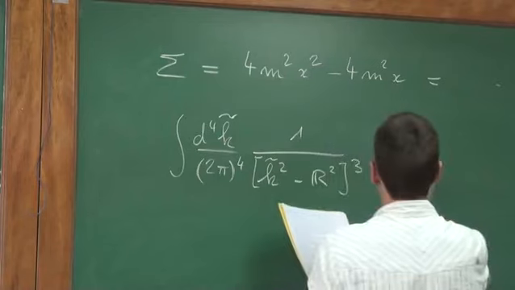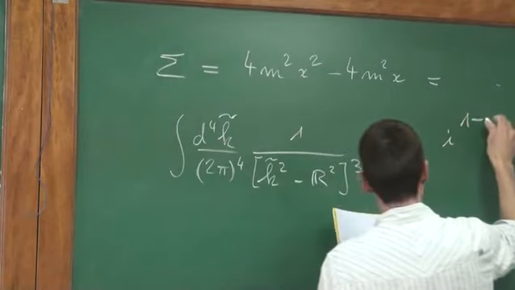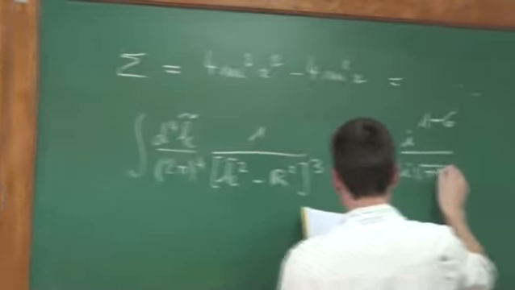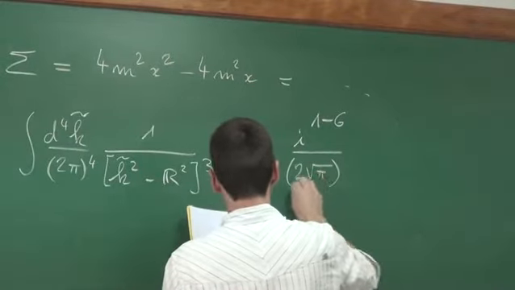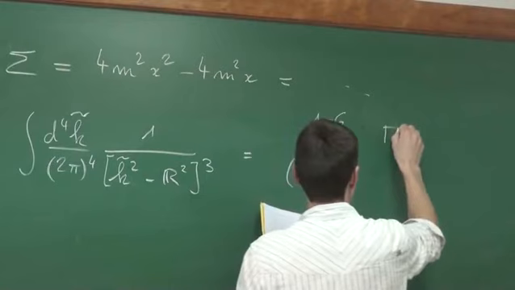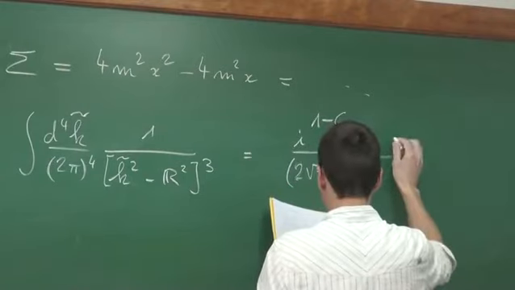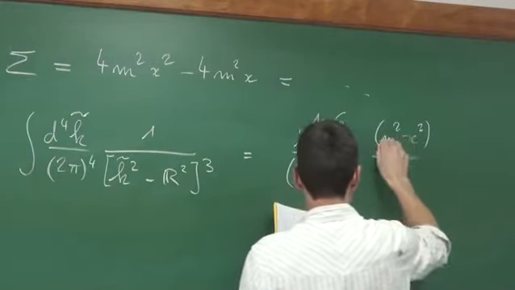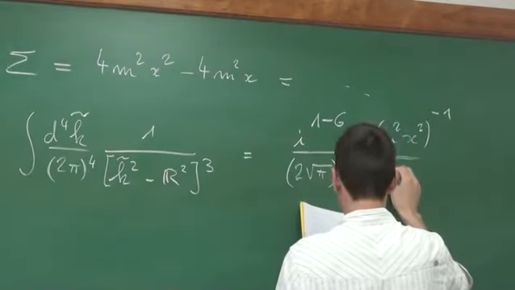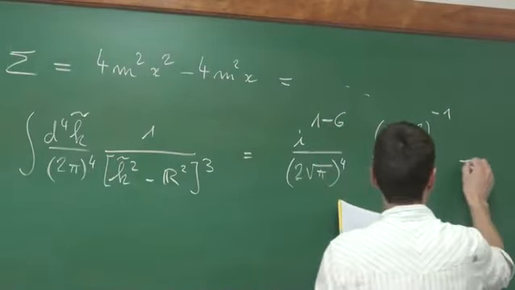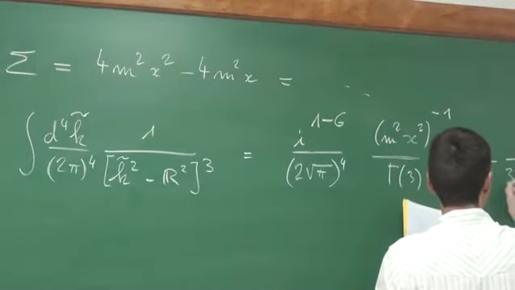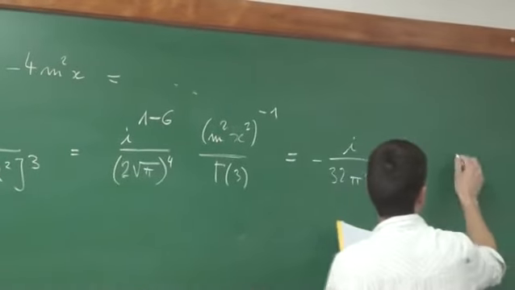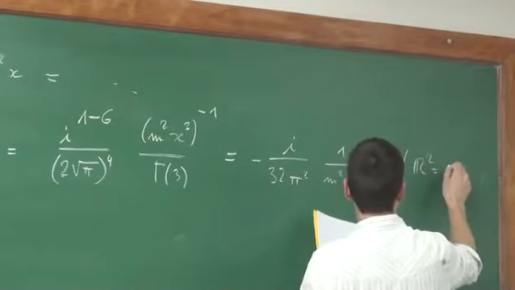This is equal to I to the power of 1 minus 6, gamma, m squared to the power minus 1 over 3, equal to minus 9 over 32 pi squared, 1 over m squared x squared. I recall that m squared, m squared.